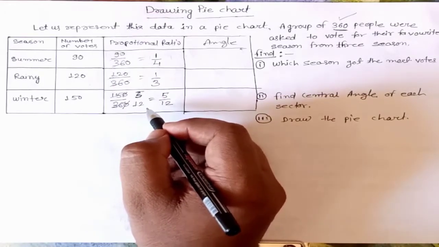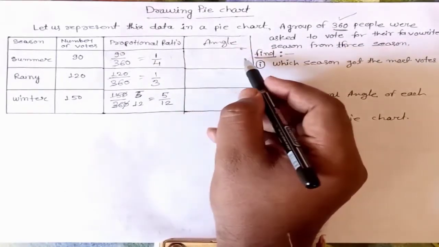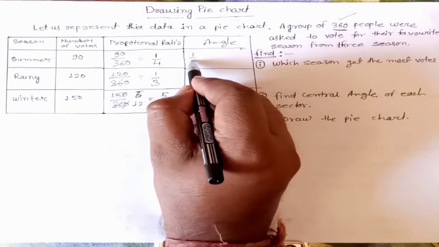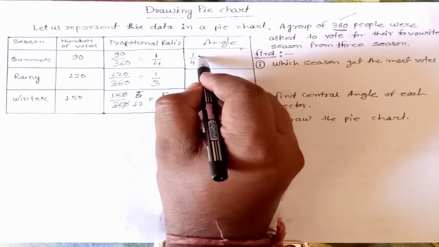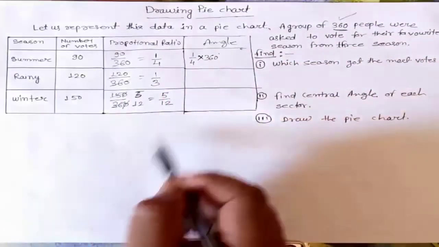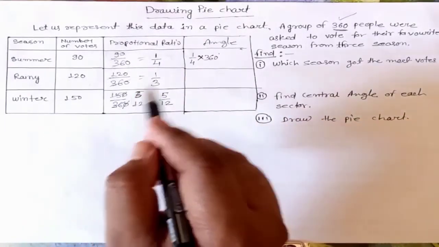Now we have to calculate the angle also, right? How will we calculate it from these proportions? 1 by 4 is here. You multiply with 360 degrees, because a pie chart is a complete circle made of 360 degrees.